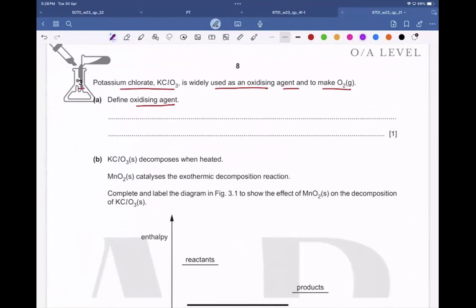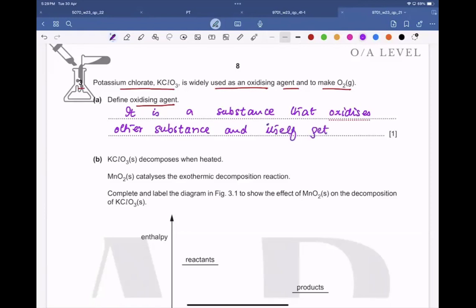So we can write that it is a substance that oxidizes other substances and itself gets reduced.